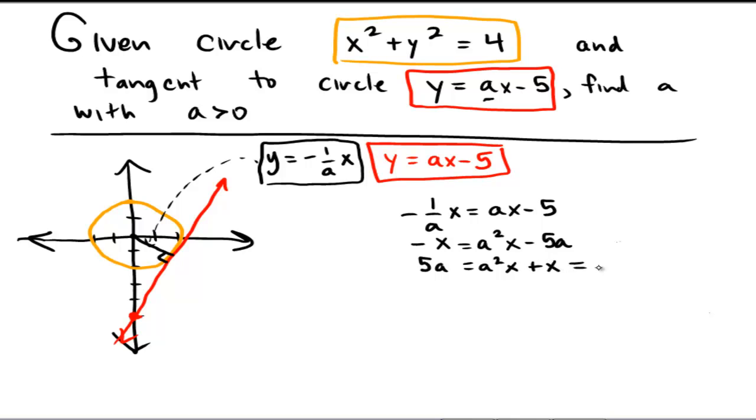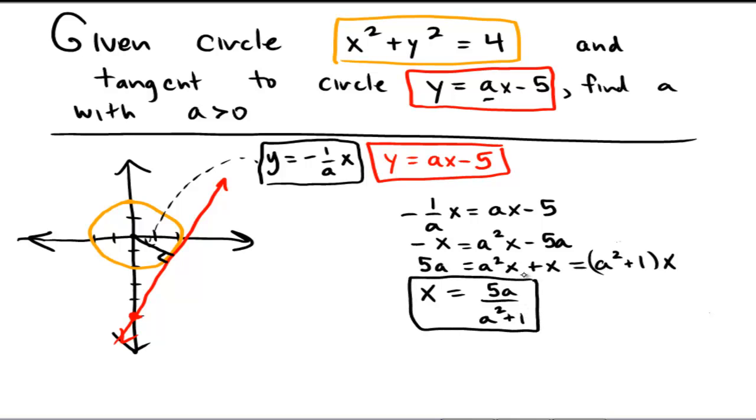Let's factor out that x so that we get a squared plus 1 times x. And therefore, if we divide both sides by a squared plus 1, we end up getting that x equals 5a over a squared plus 1.